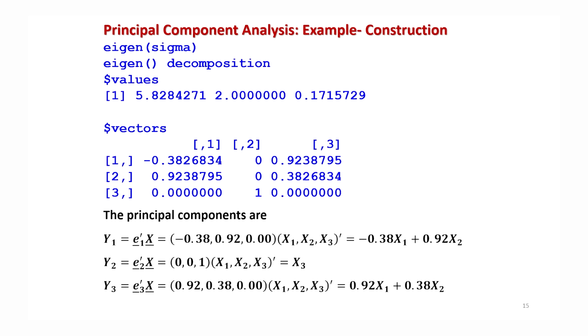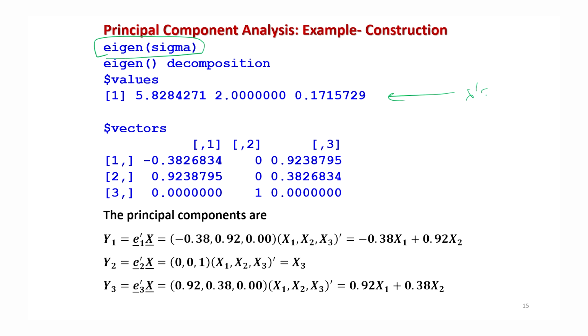Now if I try to find the eigenvalues and eigenvectors of sigma, it can be obtained by the command eigen, which we did in the beginning of the course. The eigenvalues lambda 1, lambda 2, lambda p are coming out like this.